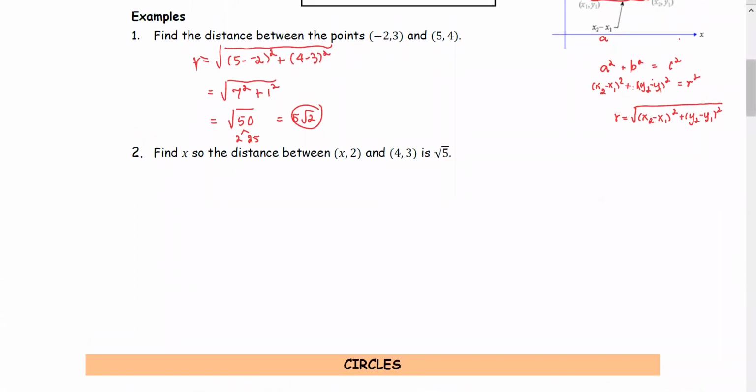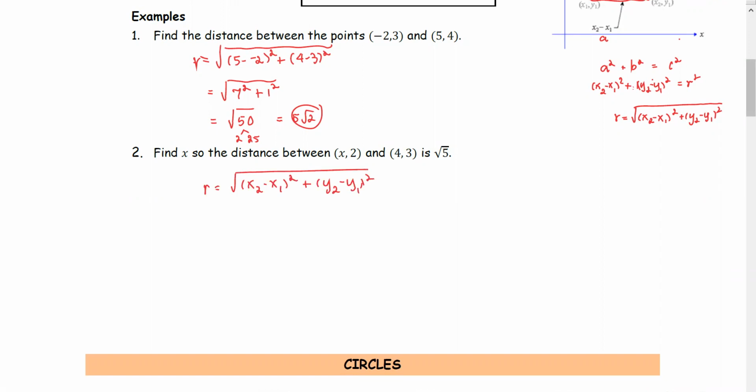Next, find x so that the distance between the ordered pair x, 2 and the ordered pair 4, 3 is square root 5. Let's write down the formula. r equals square root of (x2 minus x1) squared plus (y2 minus y1) squared.